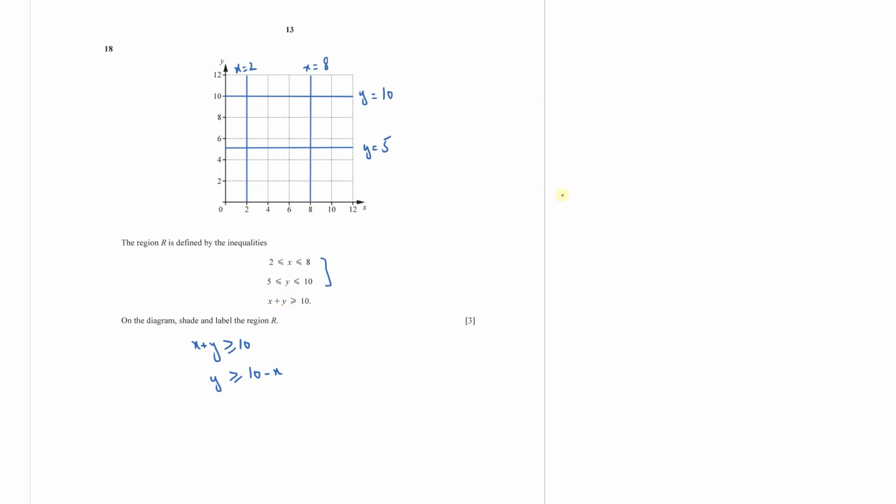You can look at the paper October/November 2016, paper 1-1, so the first variant of paper 1, and question number 24. I've explained in that question in detail why it's better to make y the subject of the equation and then put in the inequality sign. Sometimes you may get a wrong answer if you simply substitute the equal sign with an inequality sign, especially when you are given the lines.